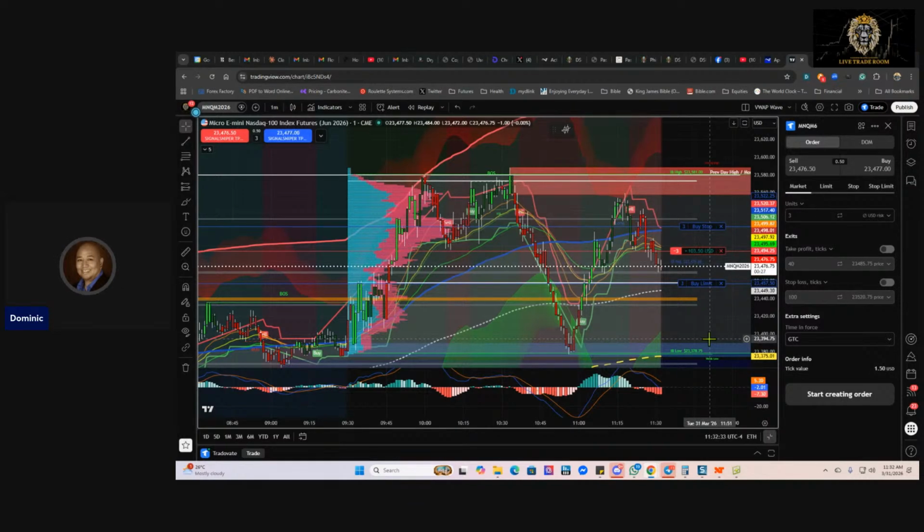So there's the electronic trading hours, ETH, and, what's this one? The ATH, I forgot. The electronic trading hours, and we have the actual trading hours.